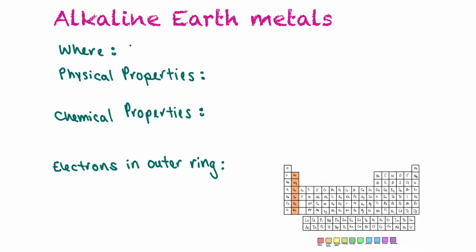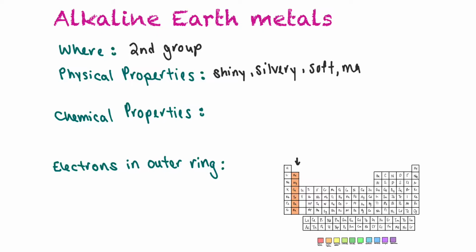Alkaline earth metals are in the second group. So we've highlighted that one here as the orange column. So right here. And their physical properties are that they are shiny, silvery, soft, and malleable.